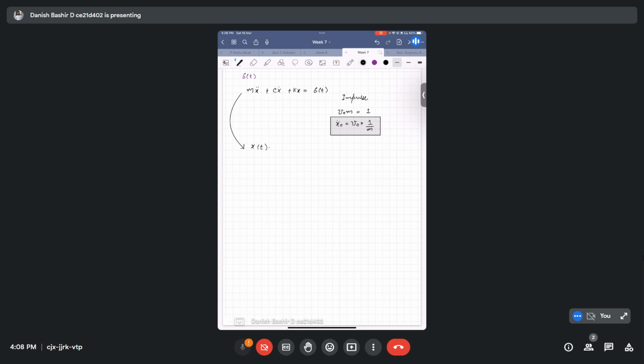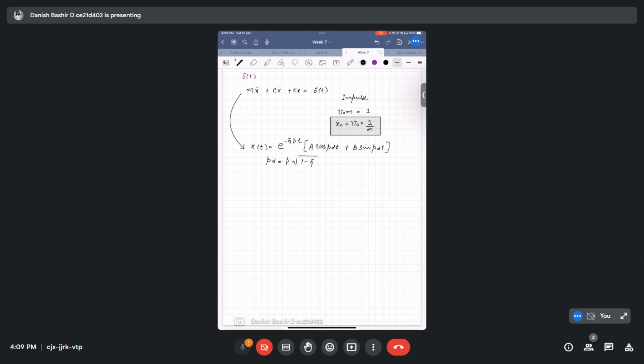X of t, this is a damped system, so it will be e to the power minus theta p t, a cos p d t plus b sin p d t, where we define the parameter p d as p times under root of 1 minus theta square.